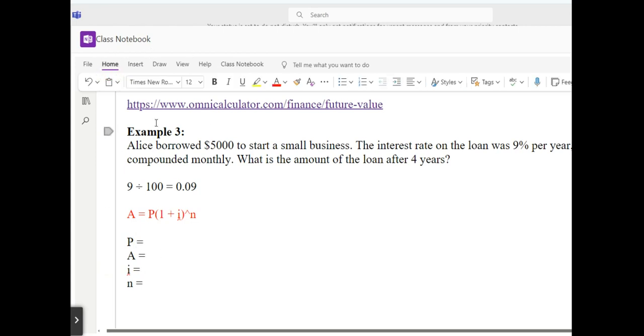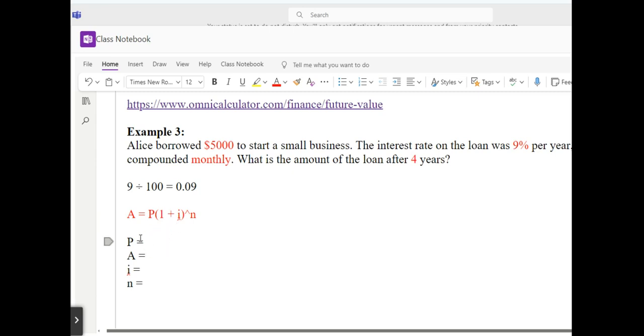And so let's highlight all of the important information. This $5,000 is important. The interest rate on the loan was 9% per year. This is important. It's compounded monthly, so we will need this piece of information. And we're talking about 4 years. Okay, so there's our 4 pieces of information.